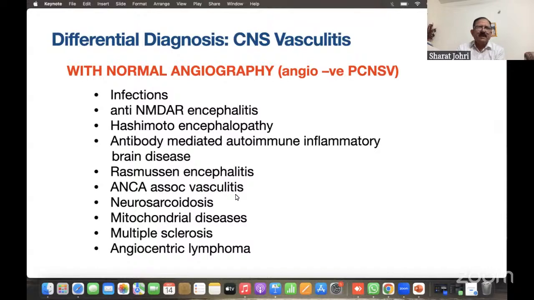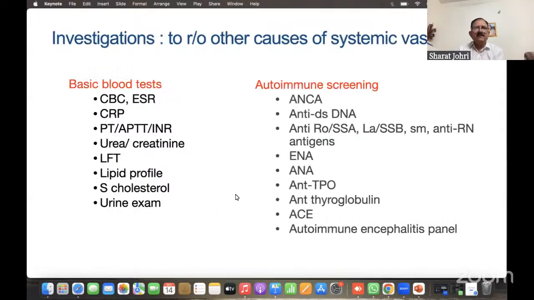So if angio is negative, then these conditions should also be differentiated. There is a host of rare and common diseases which can get confused with primary CNS vasculitis, and we have to differentiate and investigate for them. The main problem is that we have to investigate to differentiate these mimics of CNS vasculitis.